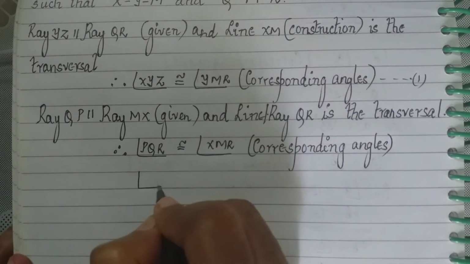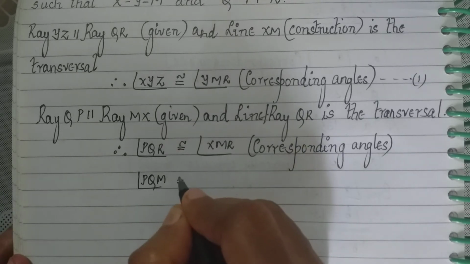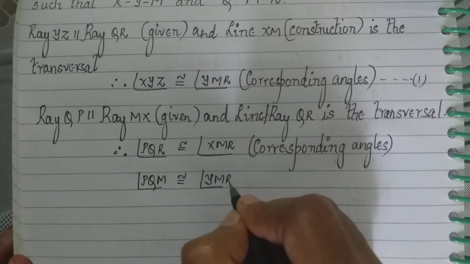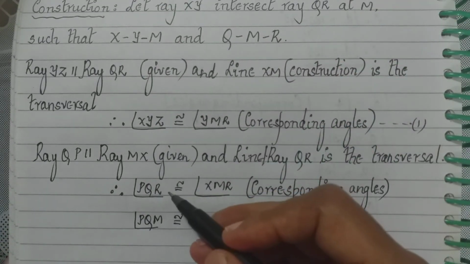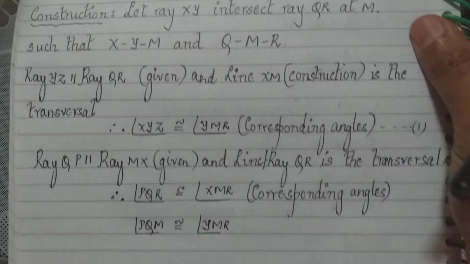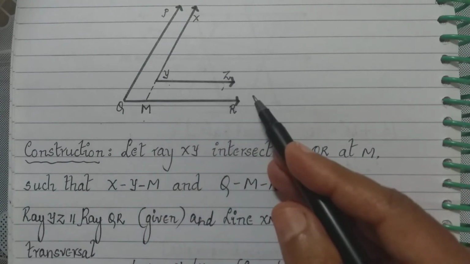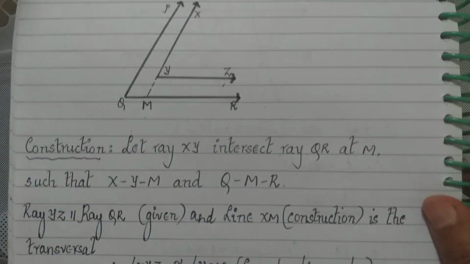Angle PQM is congruent to angle YMR. See whether it is the same angle we are marking. Here it is angle PQR, here angle PQM. Look at the figure, PQR and PQM. So this angle only we are talking about, so it is right.